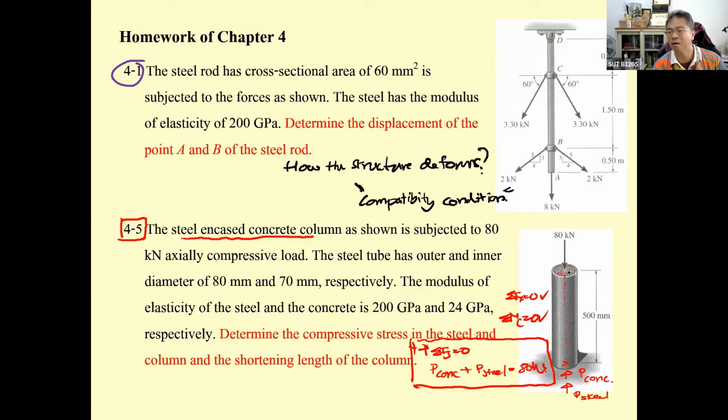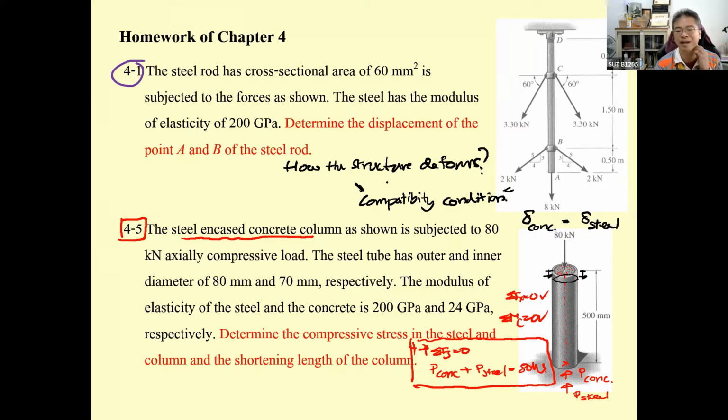Since the concrete and the steel work together, when it's subjected to the 80 kilonewton, the column will shorten by the same length. The shortening means axial deformation. By doing this, what we have is the deformation of the concrete is going to be equal to the deformation of the steel.